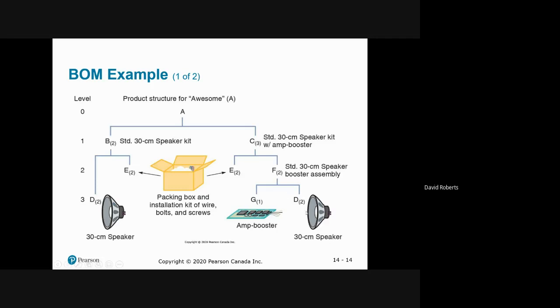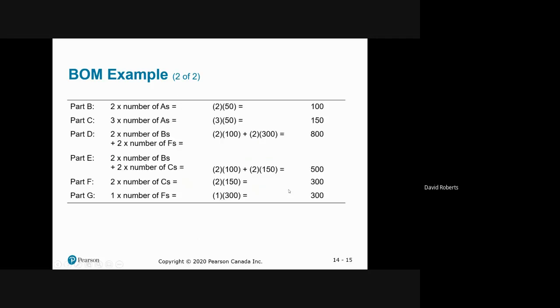So 3 times 2 is 6, times 2 is 12, and that times 50 is 600. You add the 200 and the 600, and you get 800 D's. So if you get it on a test, just multiply the numbers all the way down. The way they show it in this solution is line by line, low-level code by low-level code.